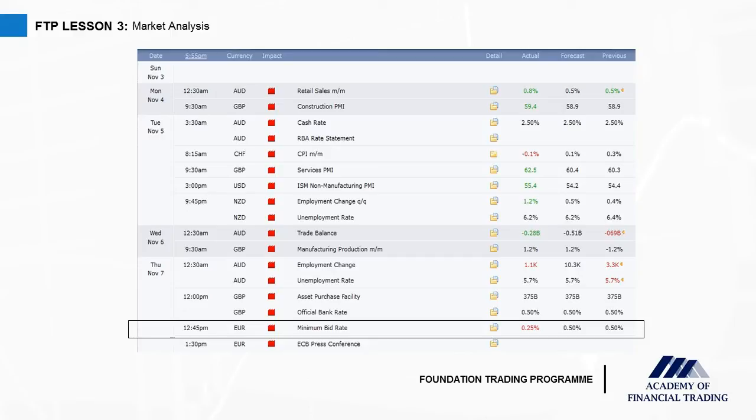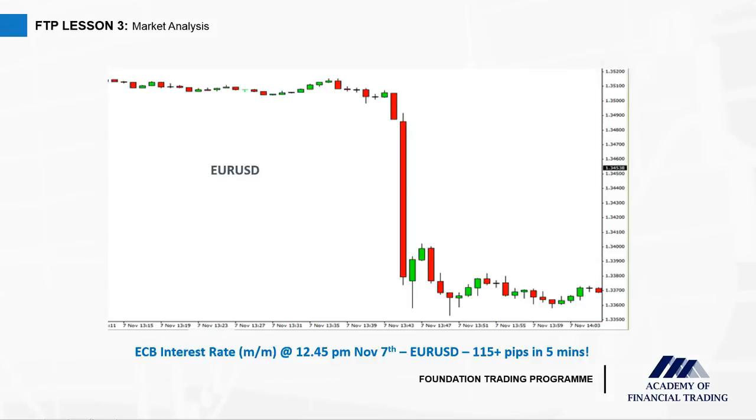All the forecasters and the analysts said that the ECB were going to keep their rate at 0.5, and lo and behold, when the actual figure was released, it was 0.25%. Now let's see what impact that had on, for example, the euro dollar. When we go to the euro dollar chart, we saw a 115 pip move in 5 minutes flat. So that's exactly what can happen when these kinds of news releases come out.